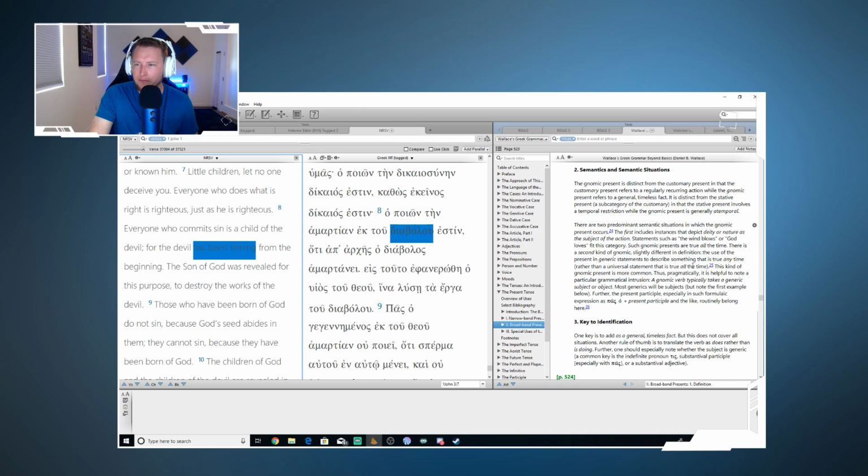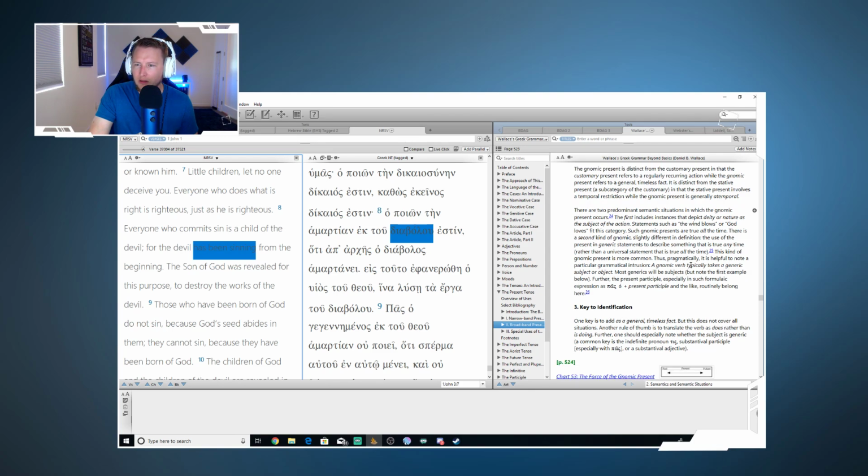Okay. The first includes instances that depict deity or nature as the subject of the action. Second use is that of the present in general, or generic statements to describe something that is true anytime.